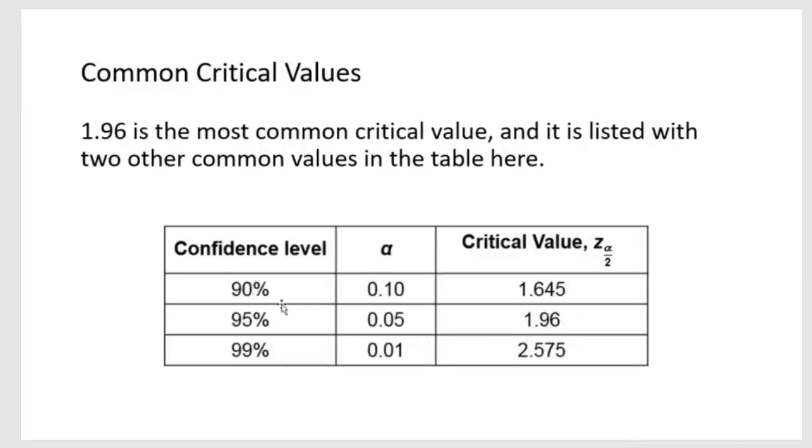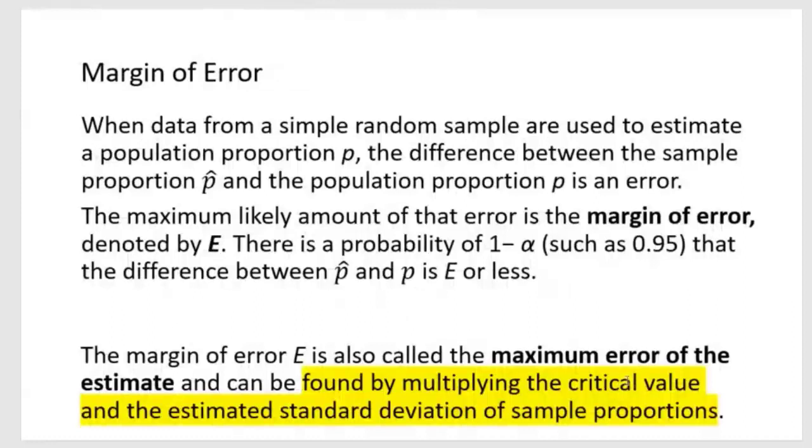Similarly, you could do it with a 90% confidence level or 99, and you will always get these values. So making a little note of them somewhere is faster than redoing it, and I would recommend you do that. We're going to be using the 1.96 the most because most of our problems deal with the 95%.